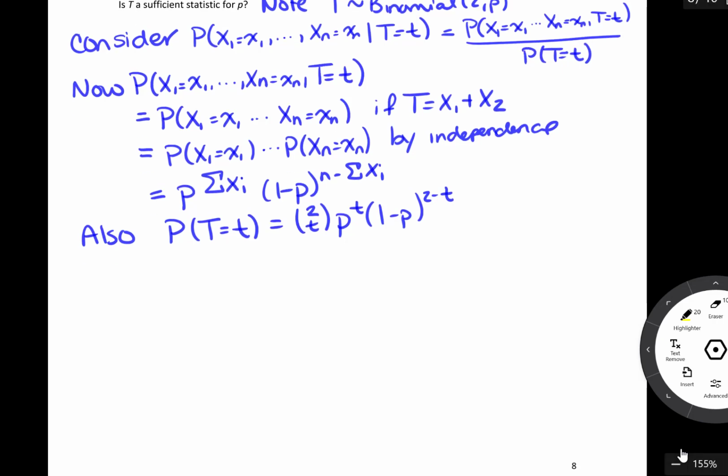So now we can fill in that conditional probability that we have up above, the one that we're really interested in. So the probability that X1 equals little x1, through Xn equals little xn, given T is equal to little t, that's going to be equal to the following.